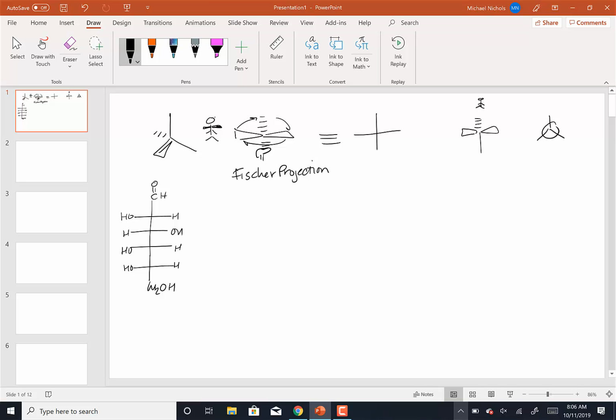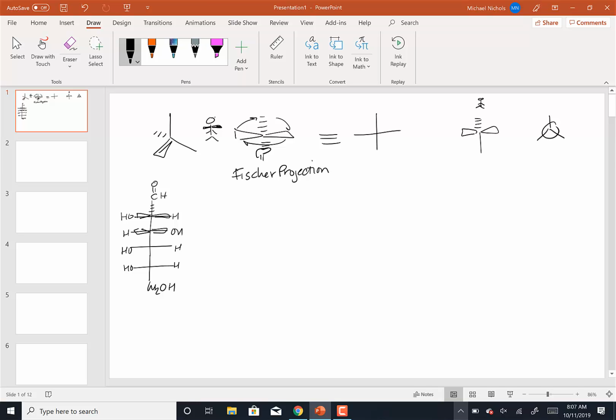And so in sugar chemistry, people use Fischer projections all the time, because every one of these represents the bold wedge, and then the dashed wedge, and then more bold wedges. So you'll see Fischer projections a lot in sugar chemistry, and that's what Fischer actually studied, was sugar chemistry, and developed this whole method for viewing them. So that's what a Fischer projection is. It's just a modified tetrahedron.